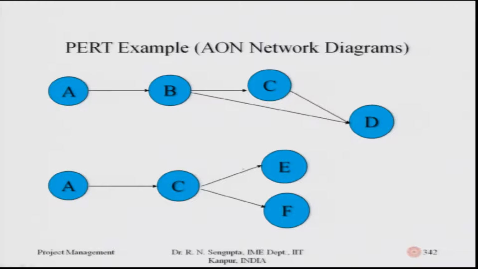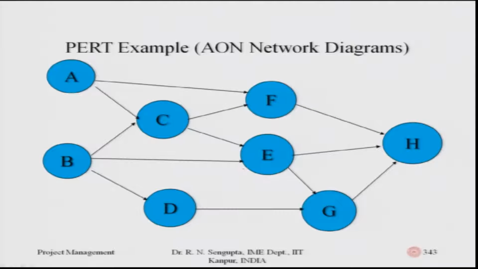In the second diagram, in slide 342, A leads to C and then C leads to E and F in some sequence, but it gives us no relationship between E and F. So, E and F can end at any point of time, provided they follow after C.